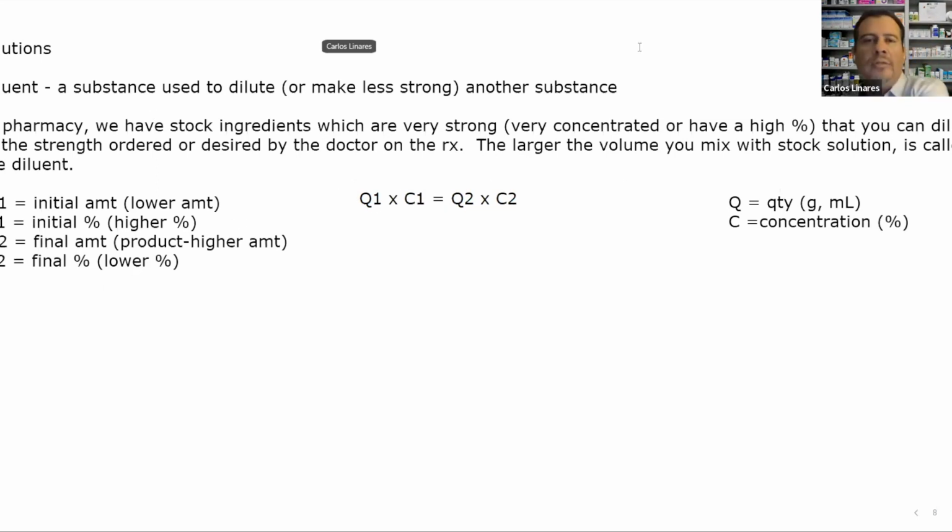I'm going to use some colors here to guide you. So we have Q1, Q1, C1, C1, Q2, Q2, and let's use this orange, C2, C2. Okay, let's look at a problem now.